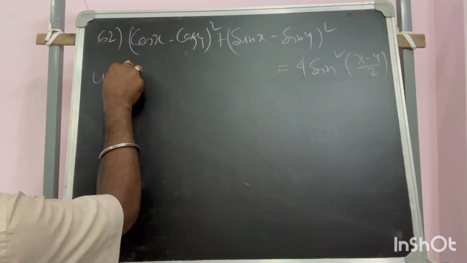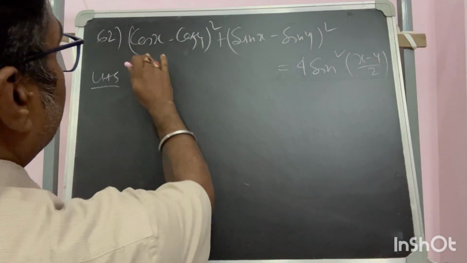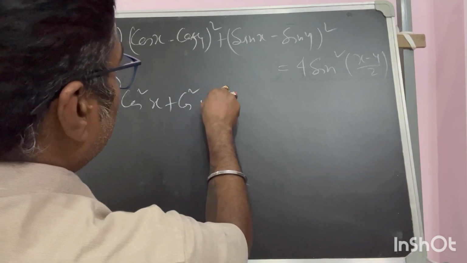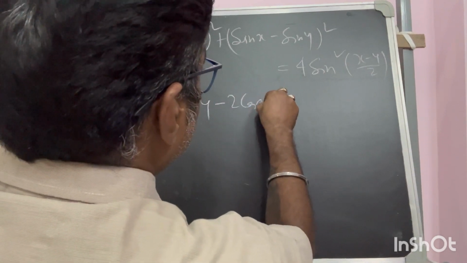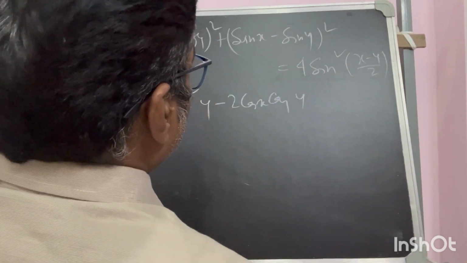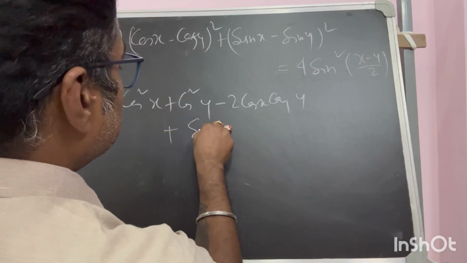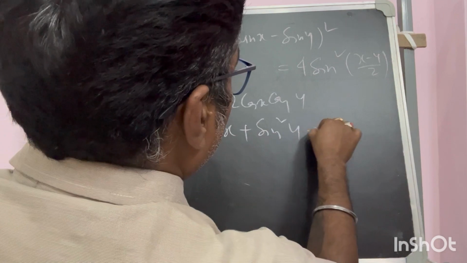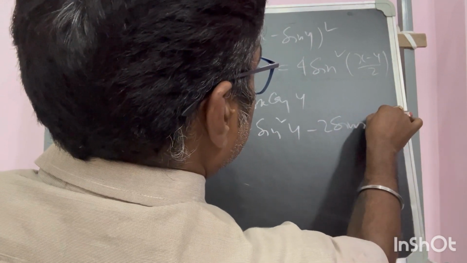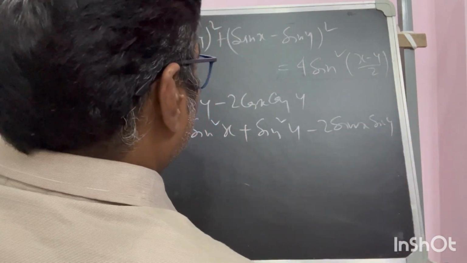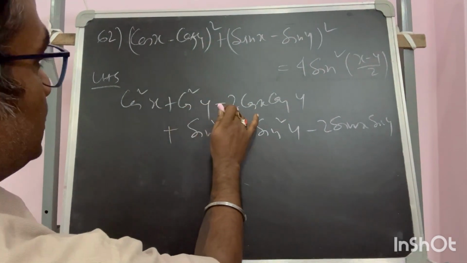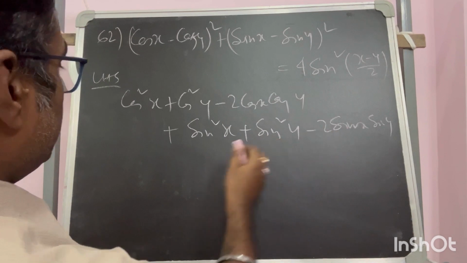So starting from left hand side, if I expand, this will become cos square x plus cos square y minus 2 cos x cos y. Then plus sin square x plus sin square y minus 2 sin x sin y. A minus b whole square, the same formula, a square plus b square minus 2ab.